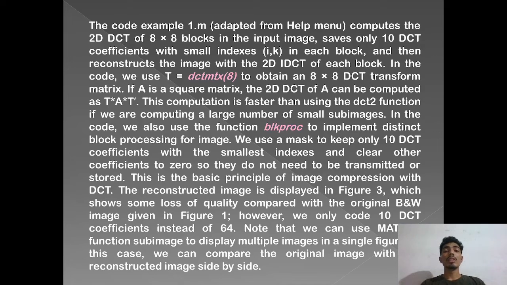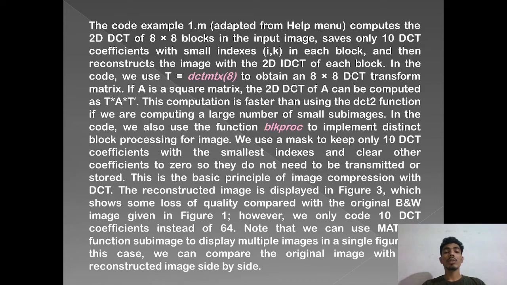In the code we use T equal to dctmtx(8). This is the function we use to obtain an 8 by 8 DCT transform matrix. If A is a square matrix, the two-dimensional DCT of A can be computed as T times A times T transpose. This computation is faster than using the dct2 function if we are computing a large number of small sub-images.